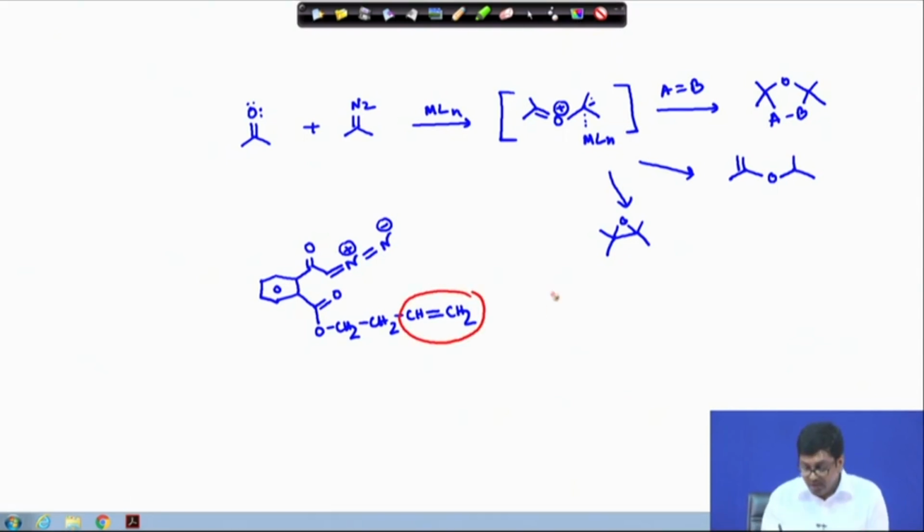Now, in the presence of rhodium(II), here it is rhodium(II) acetate, this will generate the metallocarbene.